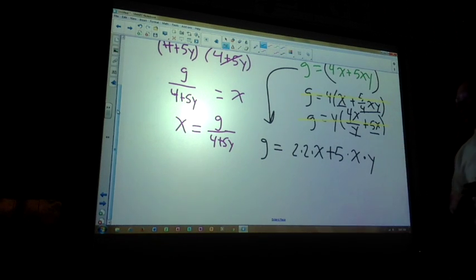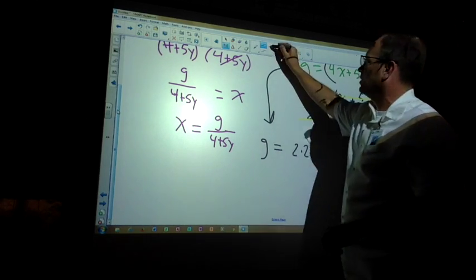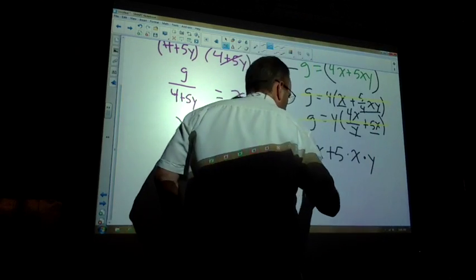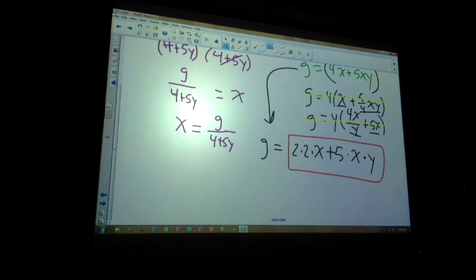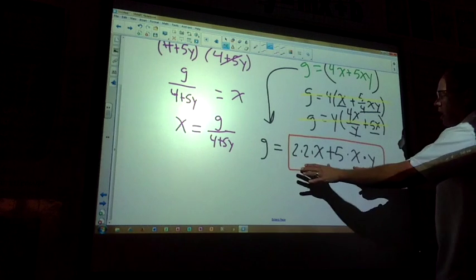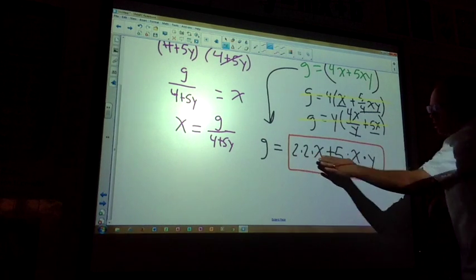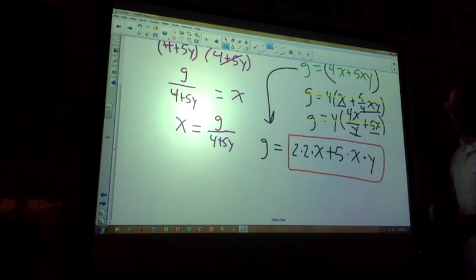Okay. So now, if we take a look right at this section, what do I have in common between the terms? Is there a 2 in common between all the terms? No. Is a y in common between these terms? No. What do I definitely have in common?